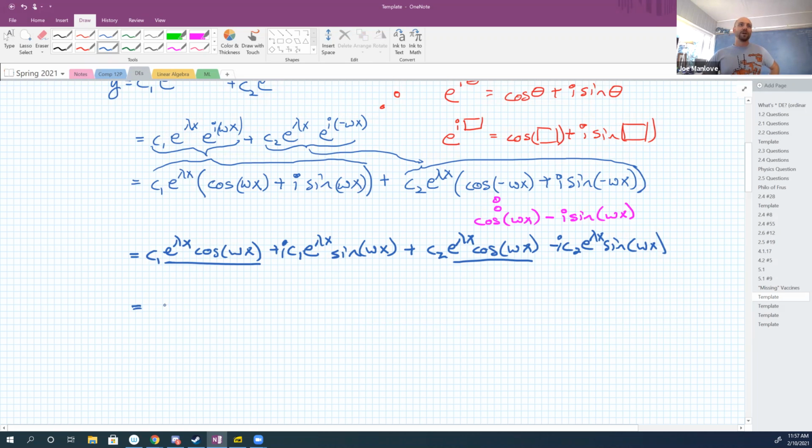So I'm going to have c1 plus c2 times e to the lambda x cosine of omega x. You guys on board with that? Okay, and then I'm going to have a plus, and I'm going to have an i here, and then I'm going to group up these two terms.